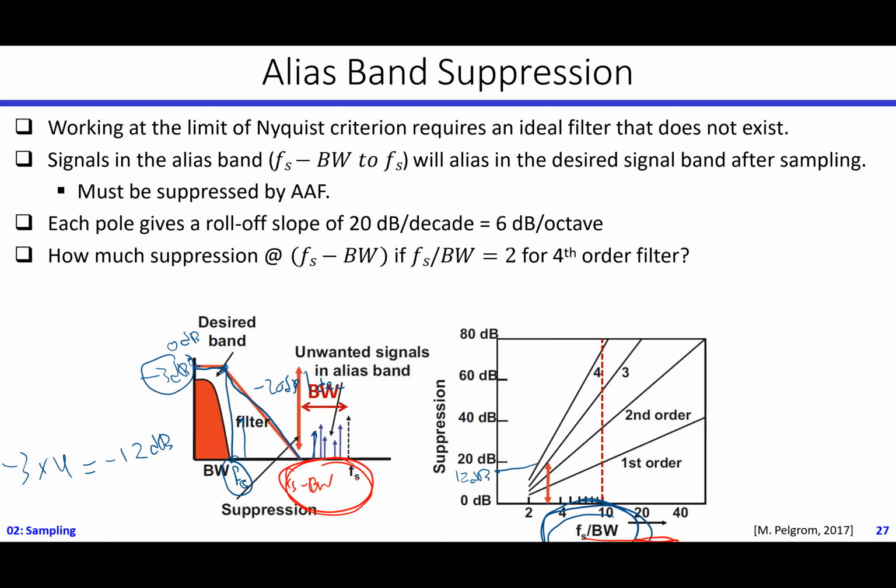Now if fs is small, you are nearer to your original signal. This means you need a sharper filter to cut this smaller area. While if your fs is far away in the frequency, then you can have a lower slope to cut that band from fs minus w until fs.